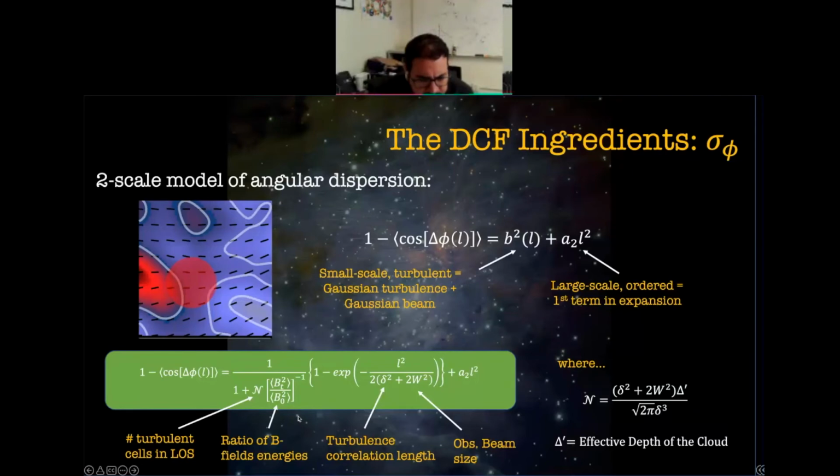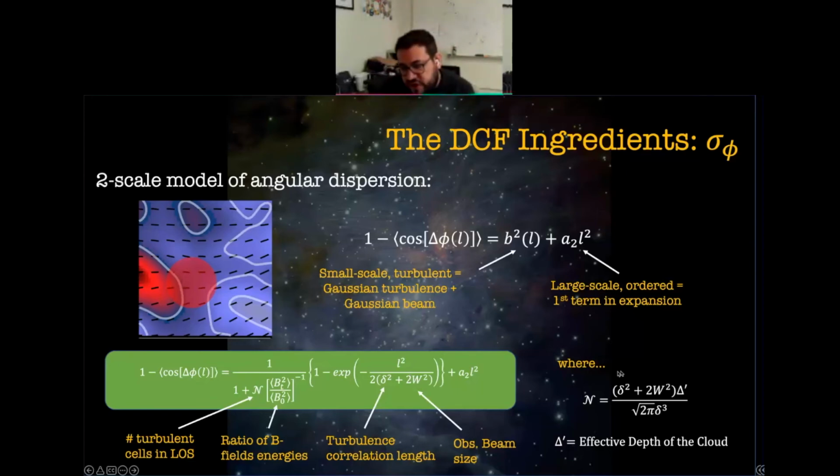Now, these parameters that we have here characterize the magnetized turbulence in this small scale. Some of those parameters are the number of turbulent cells along the line of sight, the ratio of the magnetic field energies between the turbulent and order components of the magnetic field, the correlation length of the turbulence, and in this case, W is just the size of the observation beam.